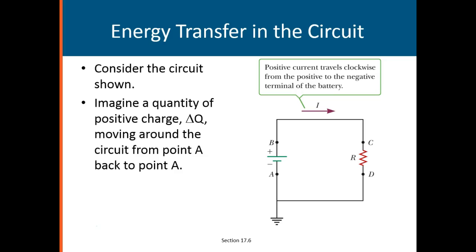It loses energy on those charges. The charges are conserved. You cannot create nor destroy charge. It's always there. A few exceptions, but nothing we're going to be doing here. Charge is conserved, so it's the energy that's changing as you go.